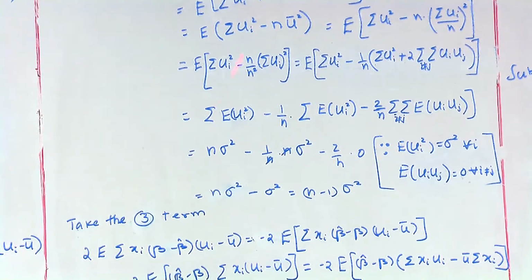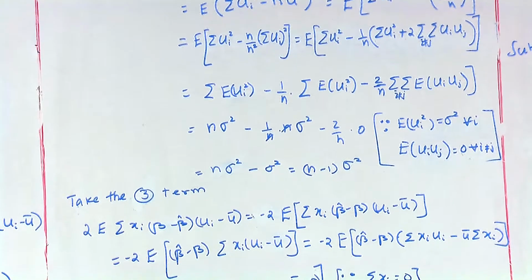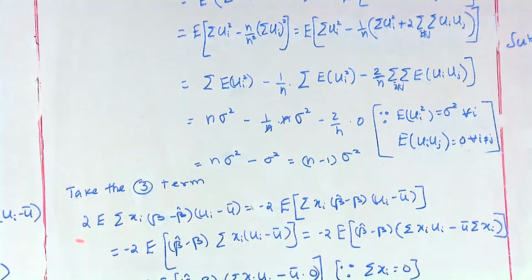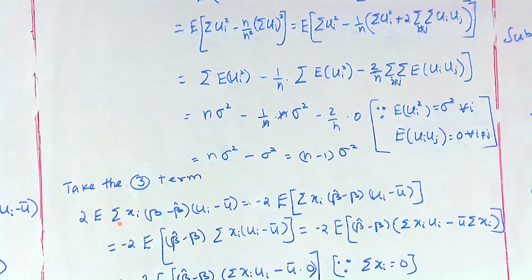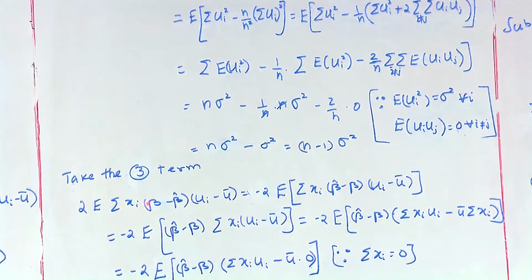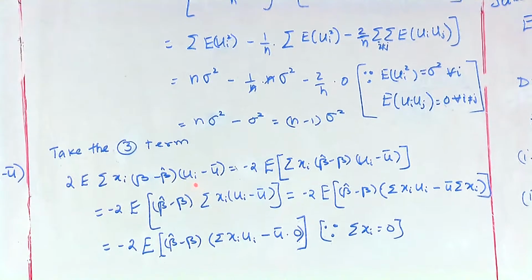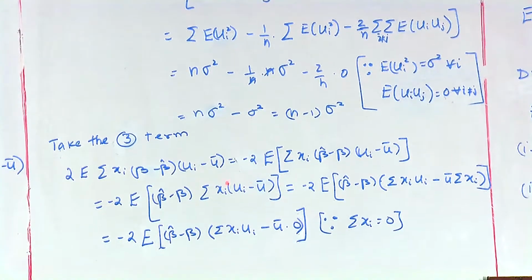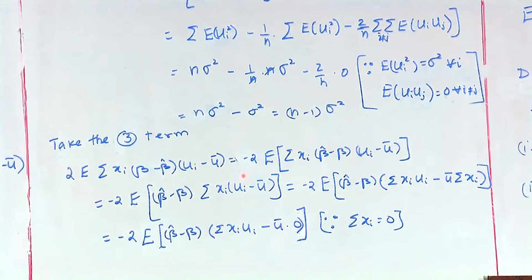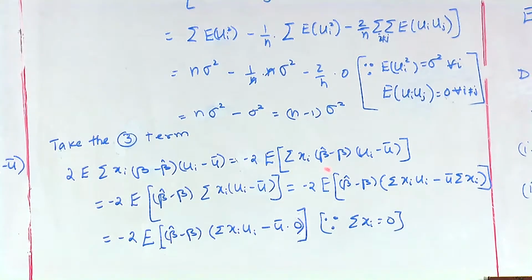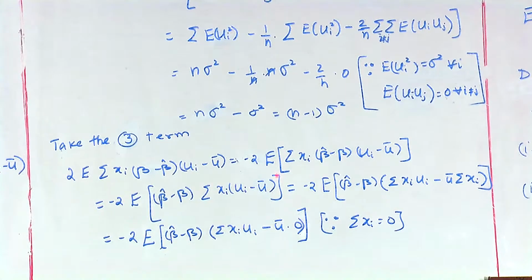Take the third term in the above expression, the last term. That is 2 into expectation of Σxi (β − β̂)(ui − ū). We may arrange that, and take the expectations inside.